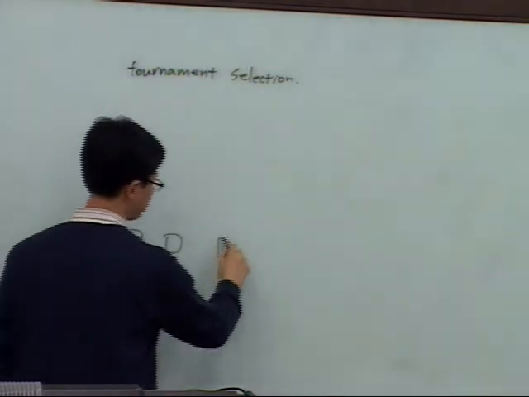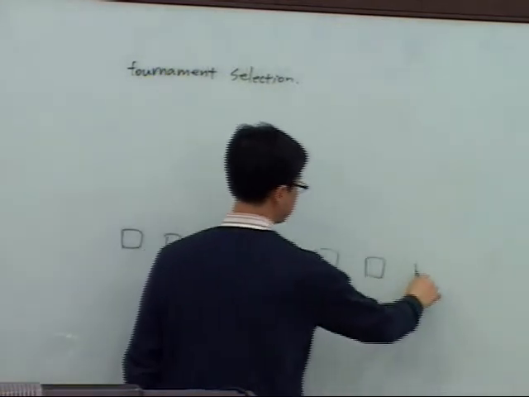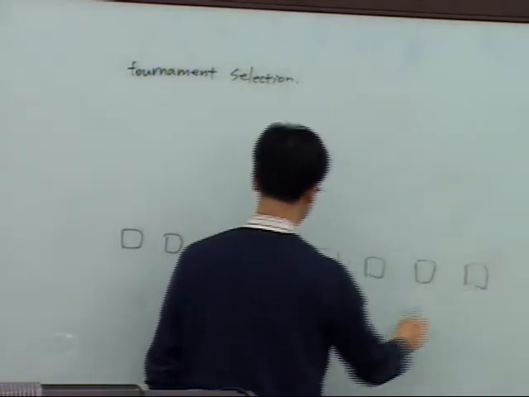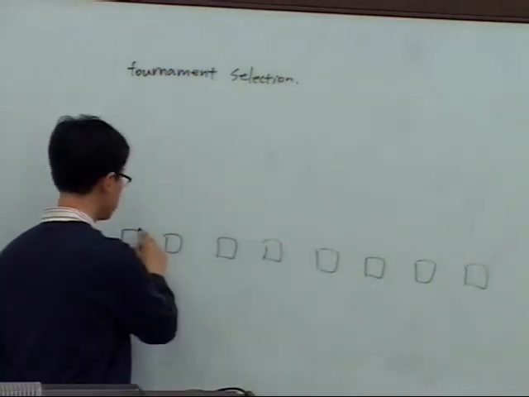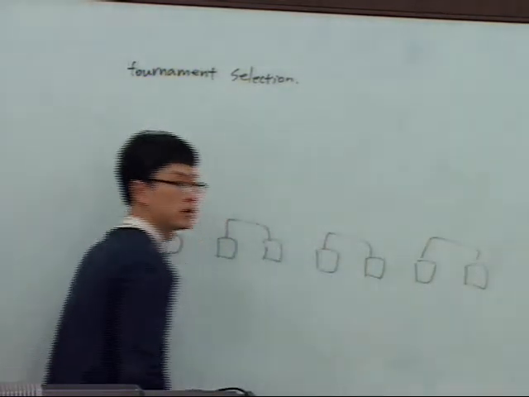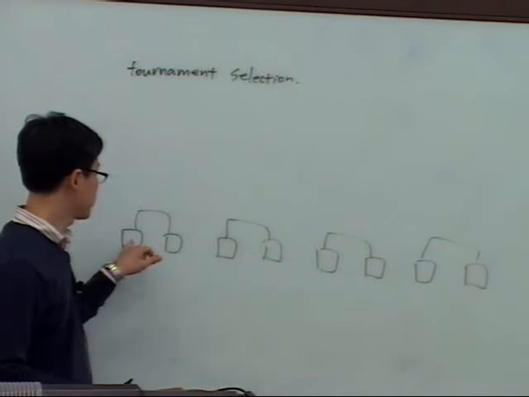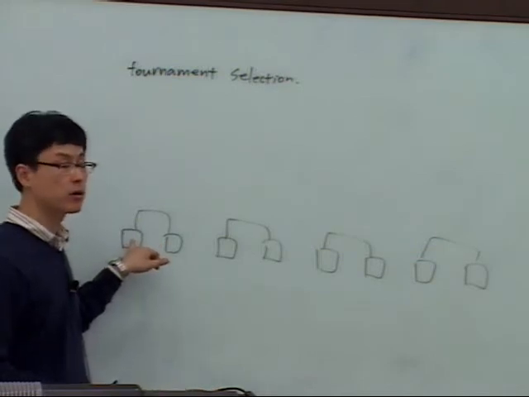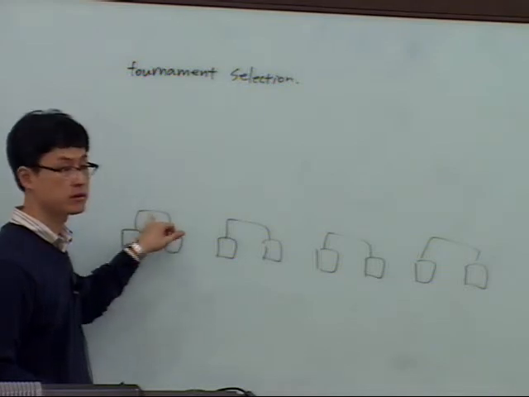If you have a team, you can randomly select pairs like this and compare the two. If this one has the higher or better fitness, this one survives here.